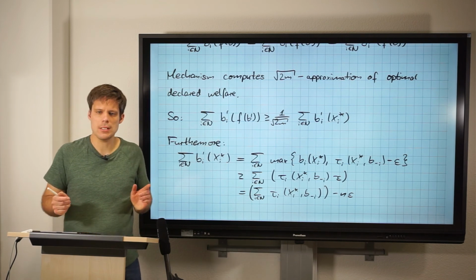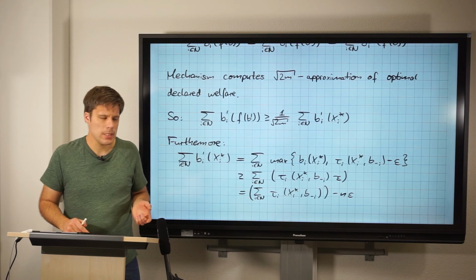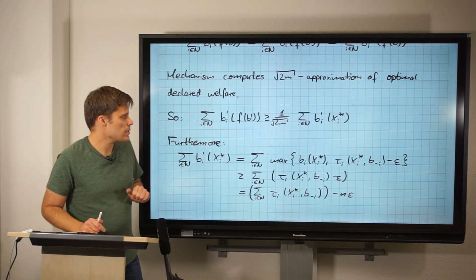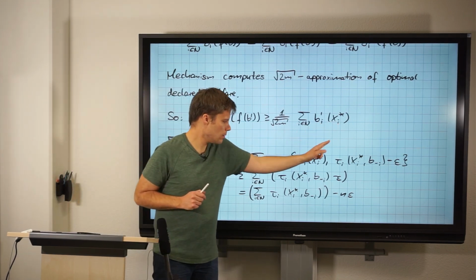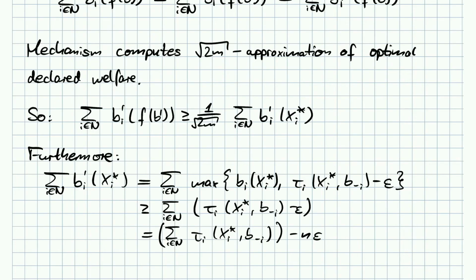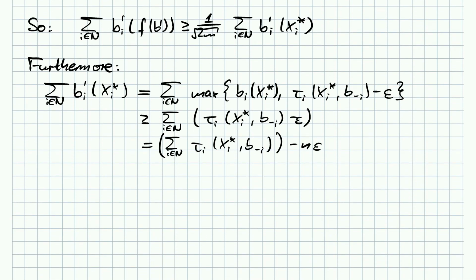What does this mean in total? We now have that this here is actually the right-hand side of what we wanted to bound, and this here turns out to be the left-hand side of our inequality. And so we are actually kind of done here. So let's combine all of this.